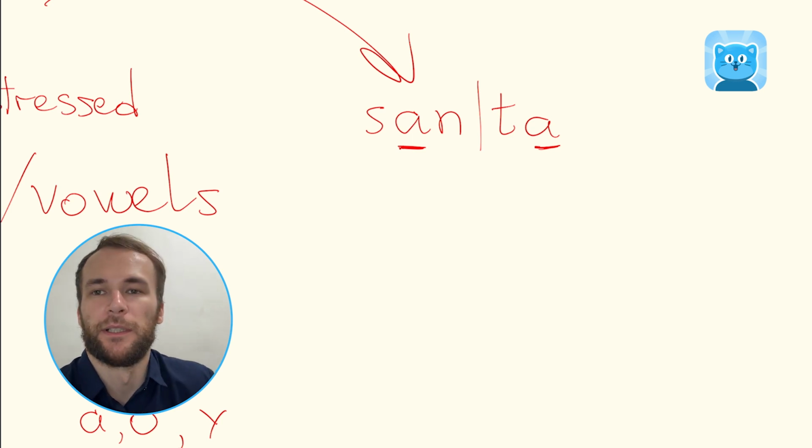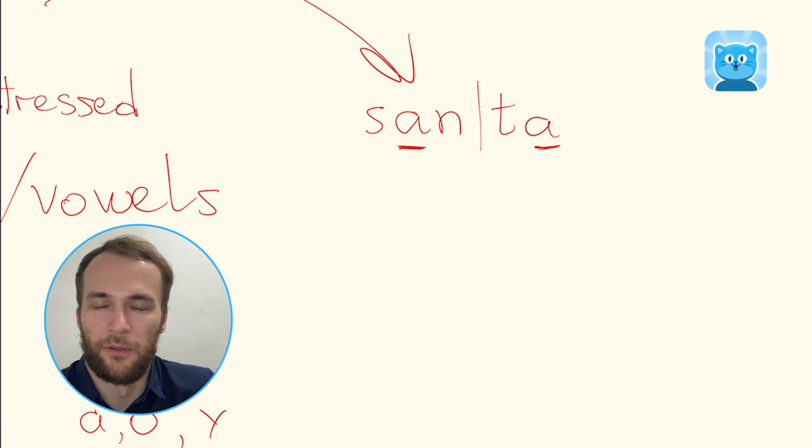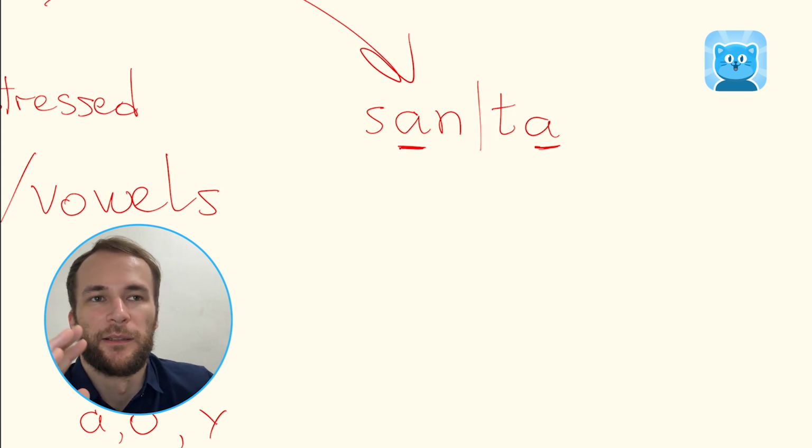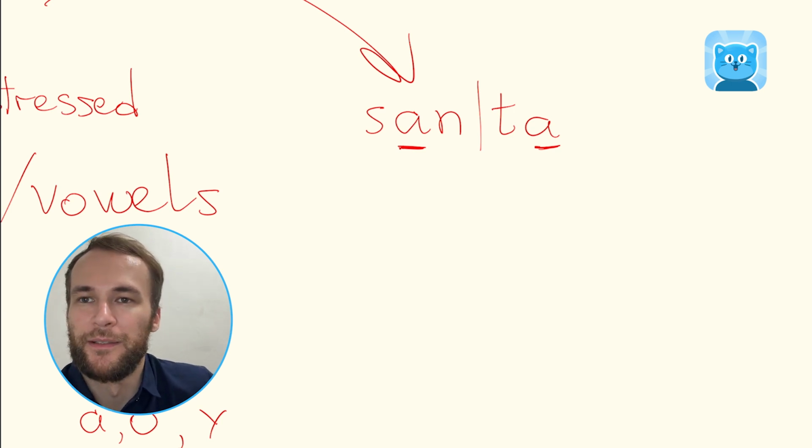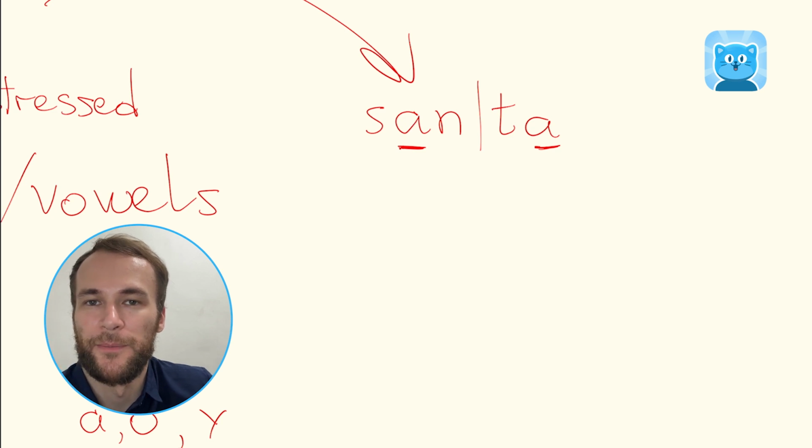So usually, always, a word consists of a number of syllables equal to the number of vowels.